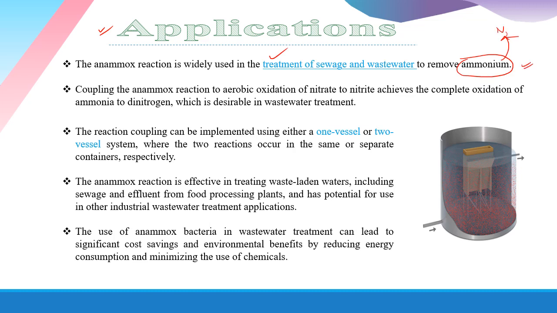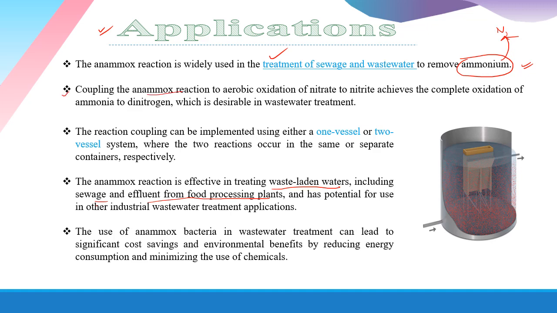This process does not involve any greenhouse gas production, and there is less energy consumption. So it is a very important aspect. It is mainly used for treating waste-laden waters, including sewage, effluent, food processing plants, etc.